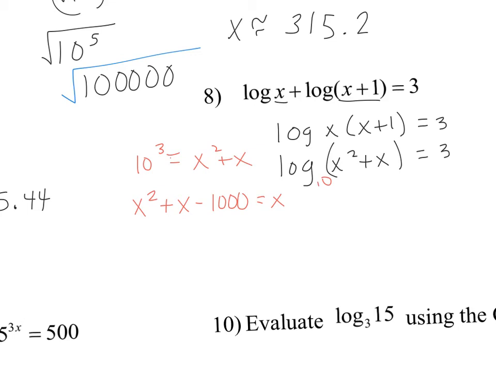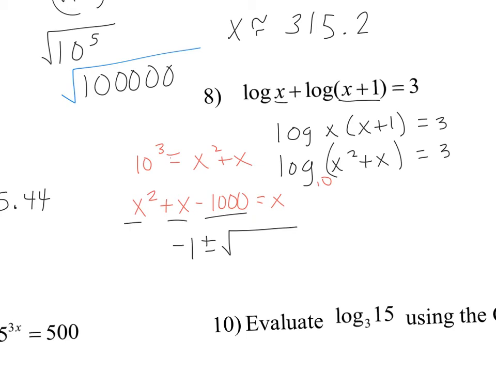If you could use your calculator, you could look at where it crosses the x-axis, or you could use the quadratic formula. So if I do the quadratic formula, a, b, c, I get negative 1 plus or minus the square root of b squared minus 4ac.